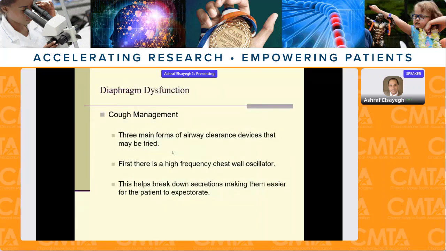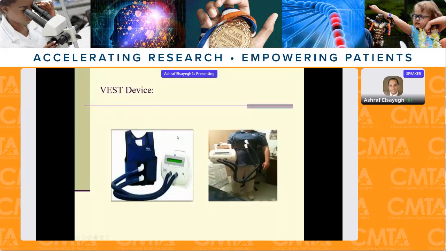Again, fortunately, there's very easy ways of treating it. There's really three things that we do right now. There are three pieces of equipment that we have. The first one is a high-frequency chest wall oscillator. Again, I'm not promoting any one company. This is just the slides that I had in my old talk because this was the first one that came out.